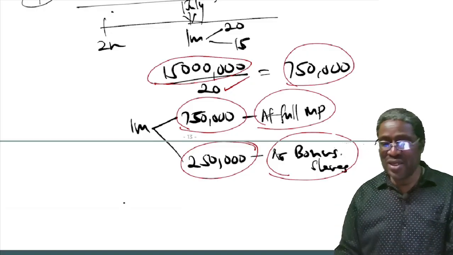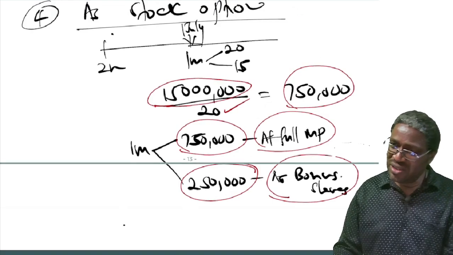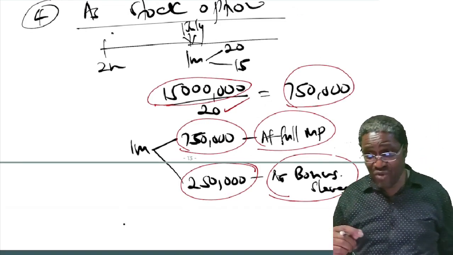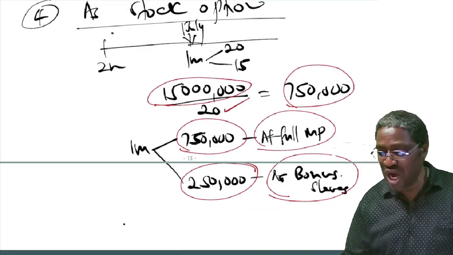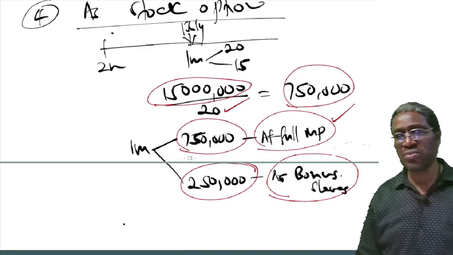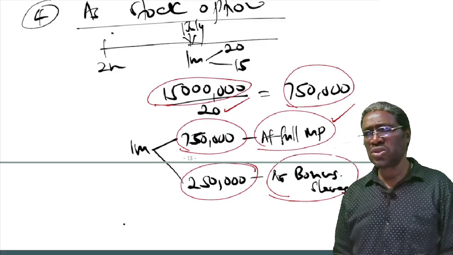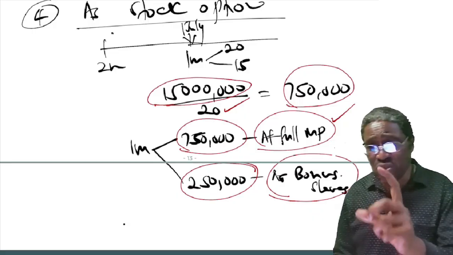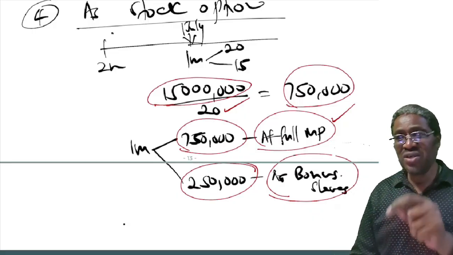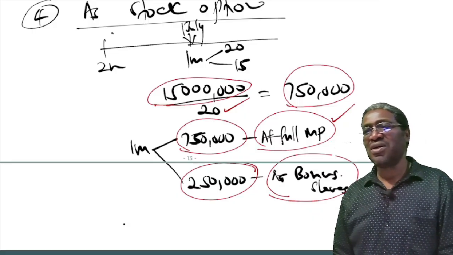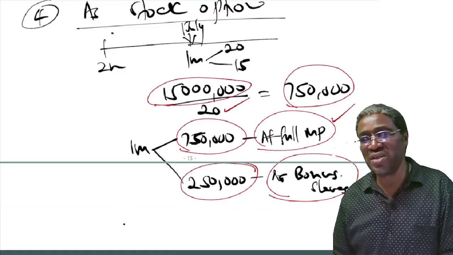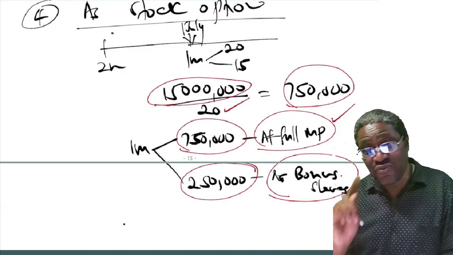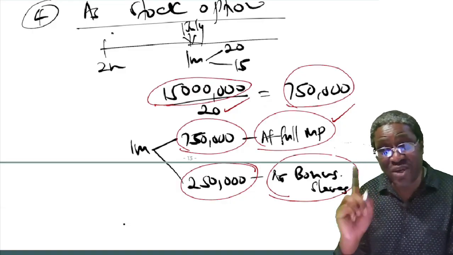Now that you know, you go back to the rule. I've already mentioned it: when shares are issued at full market price, what do you do? We said when shares are issued at full market price, they should be weighted on time basis.